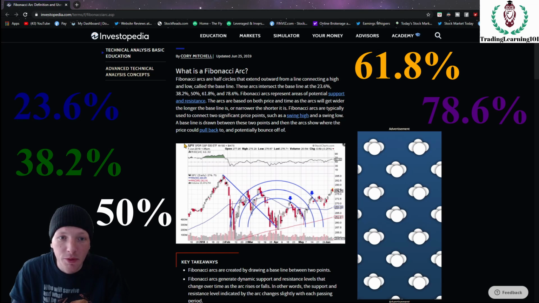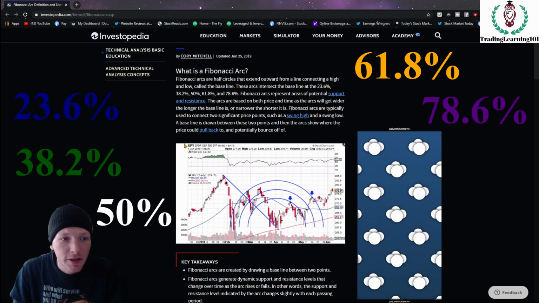Fibonacci arcs represent areas of potential support and resistance. These arcs are based on both price and time, as the arcs will get wider the longer the baseline is, or narrower the shorter it is.